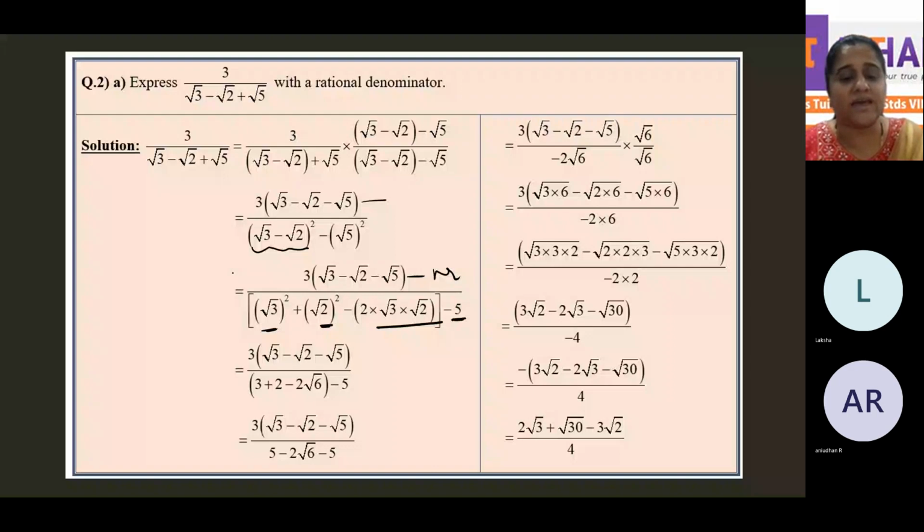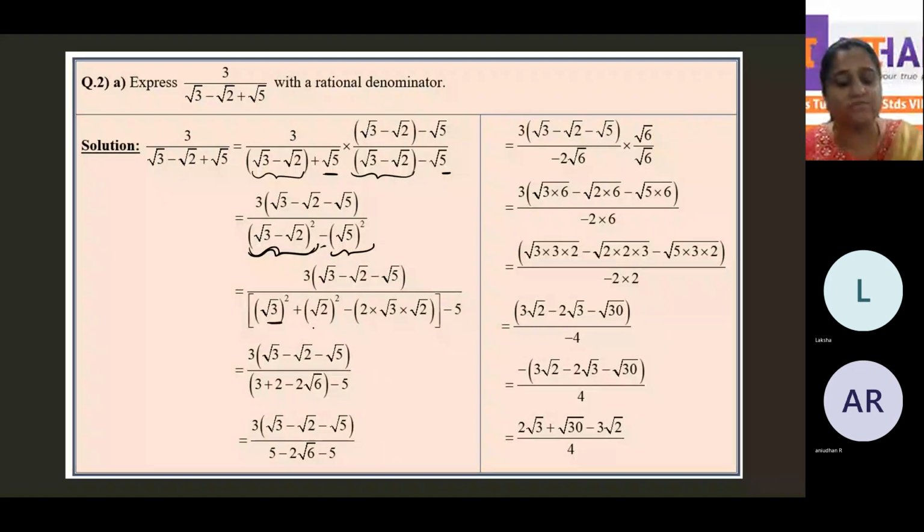So first it is a plus b into a minus b, which is a square minus b square. That's the first step. Then this is a minus b the whole square, so a square plus b square minus 2ab. Next step, write the numerator as it is, and simplify.